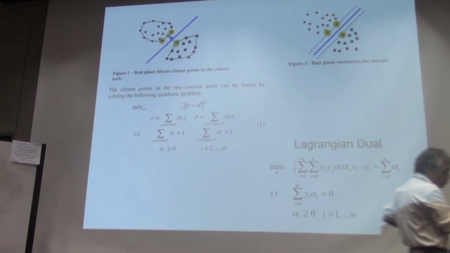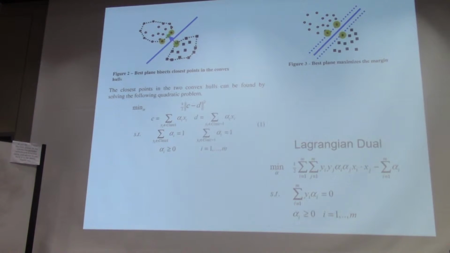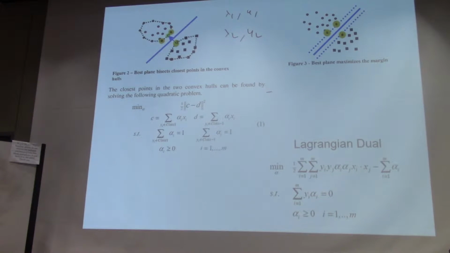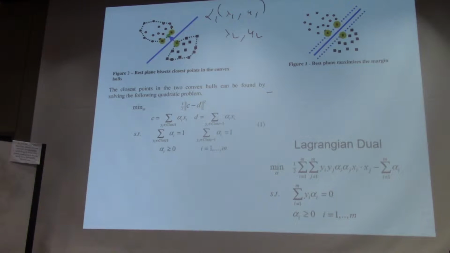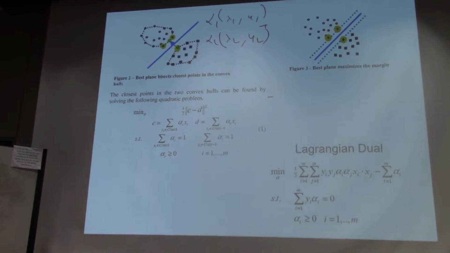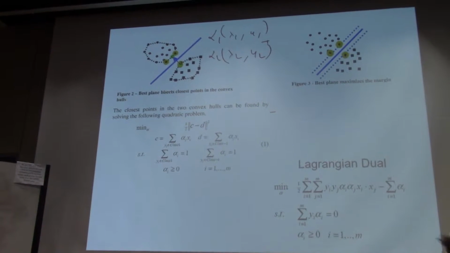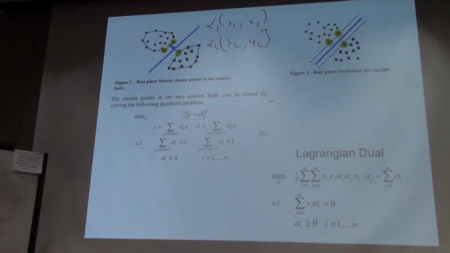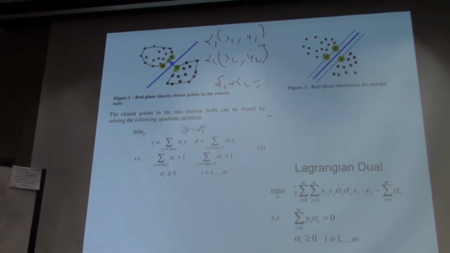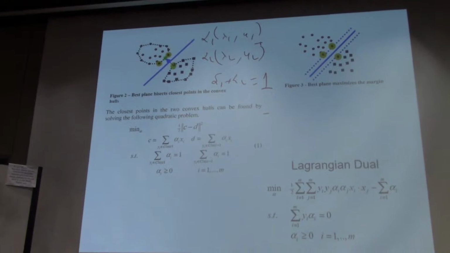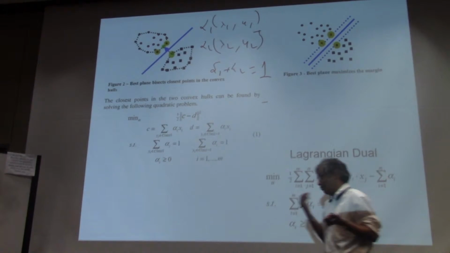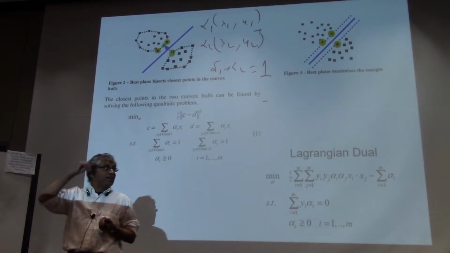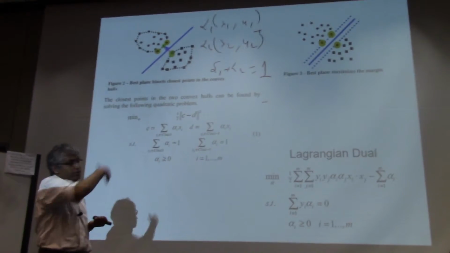If I give you x1, y1, x2, y2, let's say these 2 points, then alpha 1 times x1, y1 plus alpha 2 times x2, y2 will be called a convex combination as long as alpha 1 plus alpha 2 equal to 1. And alphas are positive. I'm sorry, they don't actually have to be positive. So alpha 1 times the point 1 plus alpha 2 times the point 2.